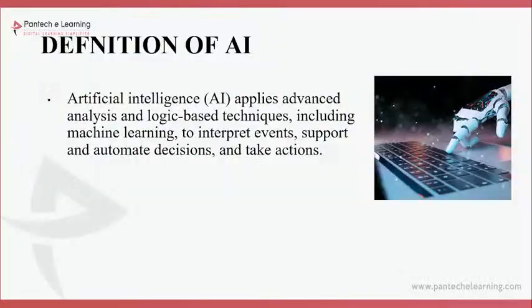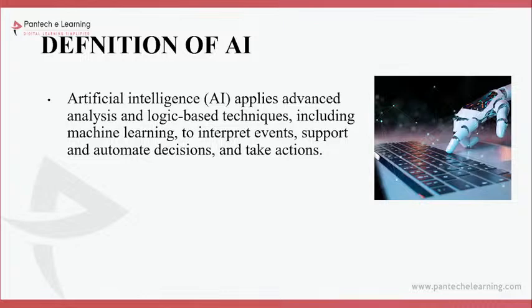Here we have a definition. Artificial intelligence applies advanced analysis and logic-based techniques, including machine learning, to interpret events, support and automate decisions, and take actions. For finding a solution for a complex problem, we want an advanced analysis on the data.